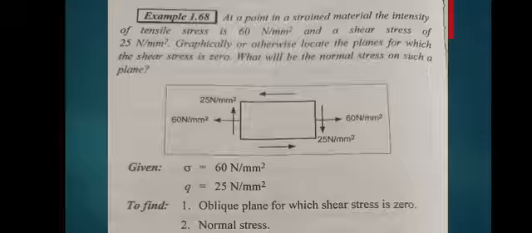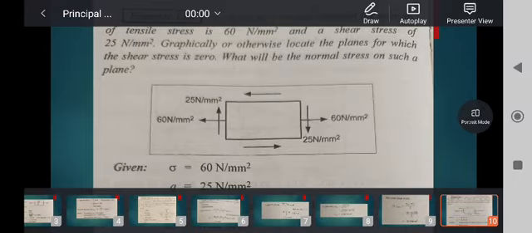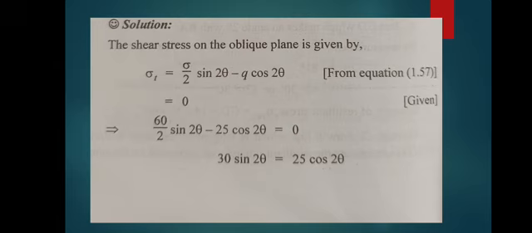Here you have to use the formula for a member carrying a direct stress in one plane accompanied by a shear stress. First we are going to use the tangential stress formula, because in the question they give the value for shear in the oblique plane as 0.